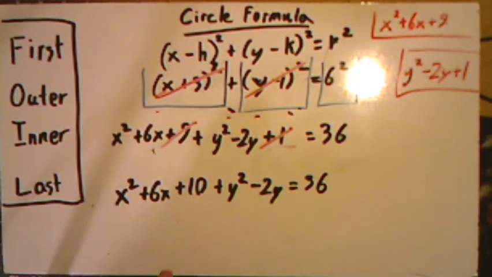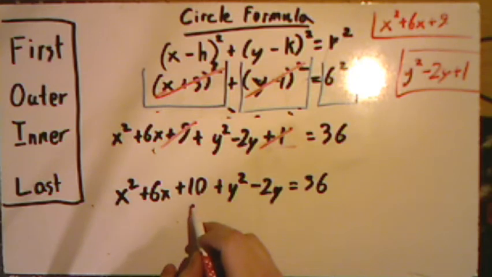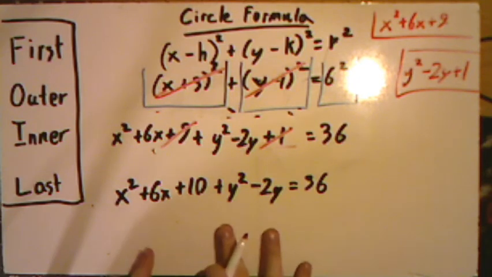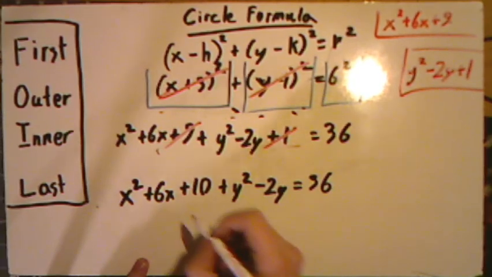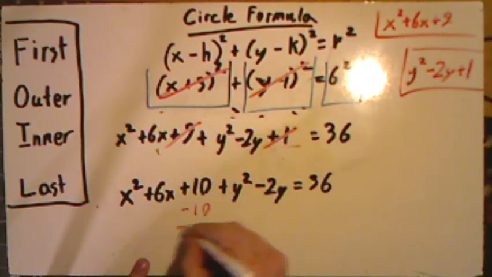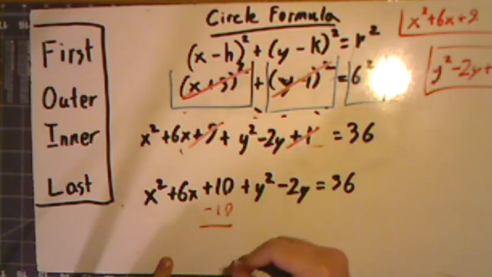Now, at this point, we might want to take our plus 10 here, and since it's surrounded by a bunch of variables, it might not feel like it belongs, so we're just going to move it to the other side by doing its inverse.